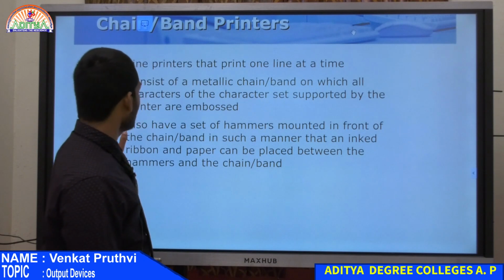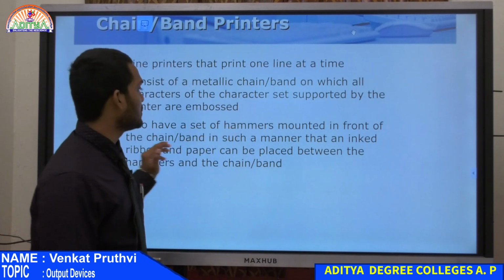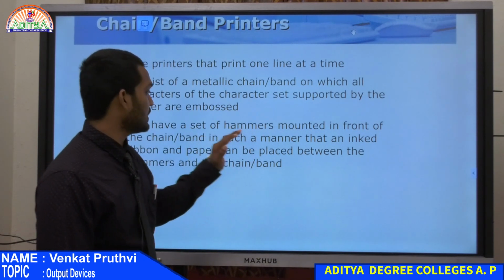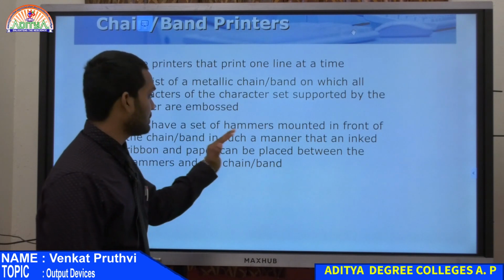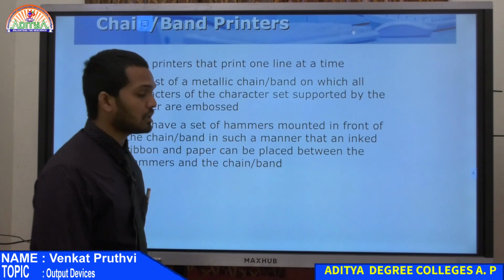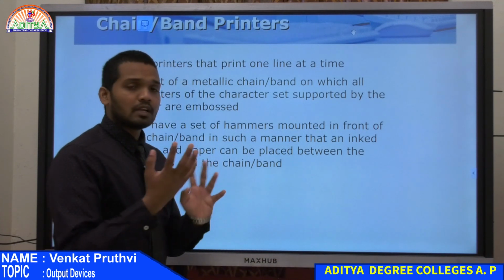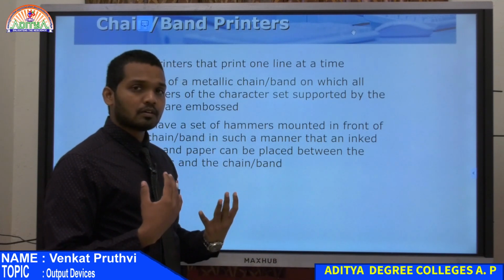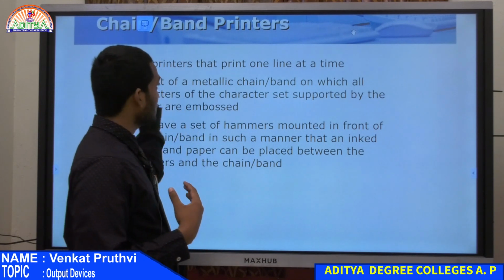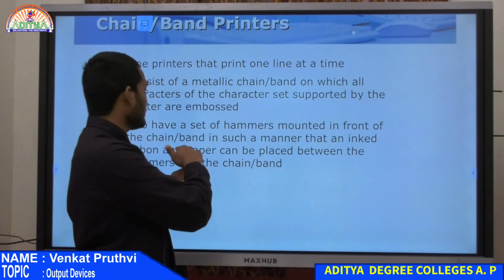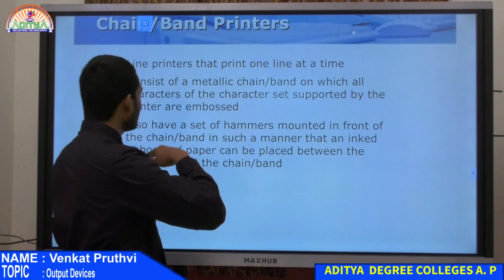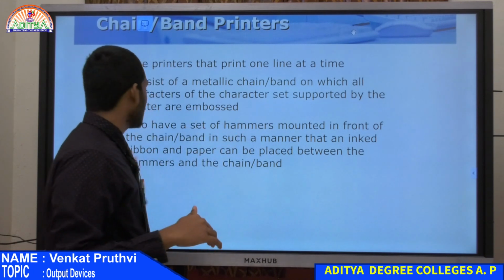It also has a set of hammers mounted in front of the chain band in such a manner that an inked ribbon and paper can be placed between the hammers and the chain band. So whatever qualities or features you had for the previous drum printers, you can expect the same for this also.